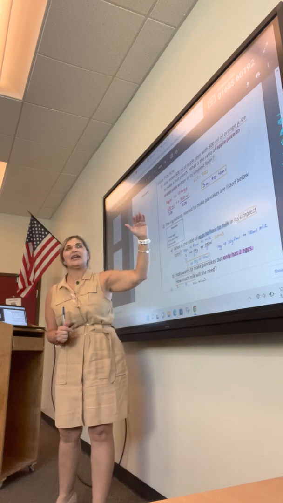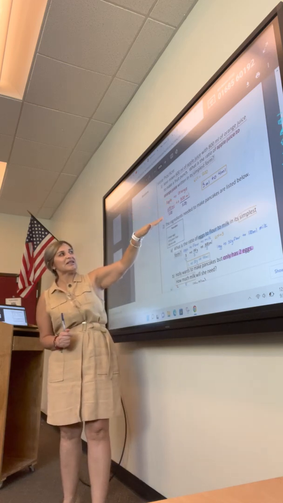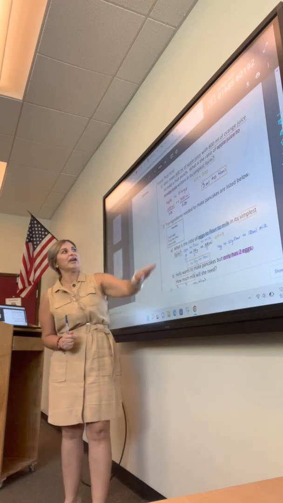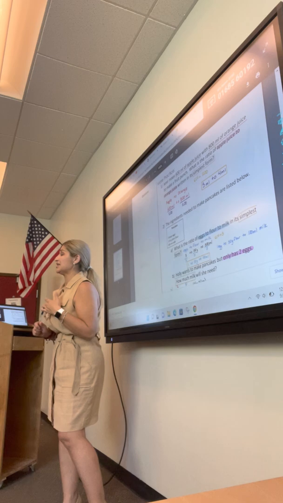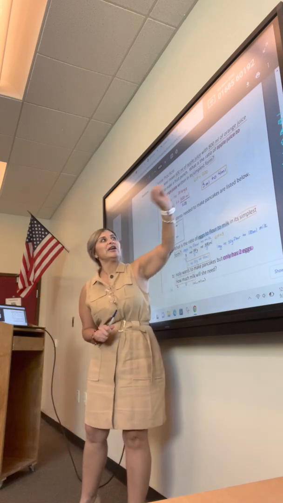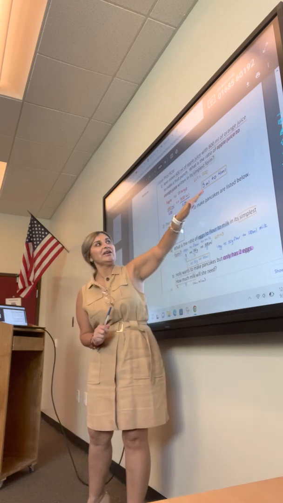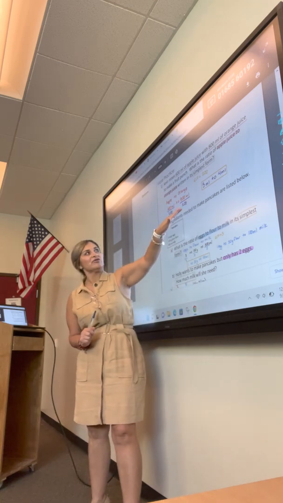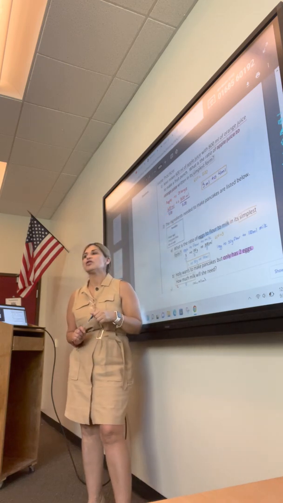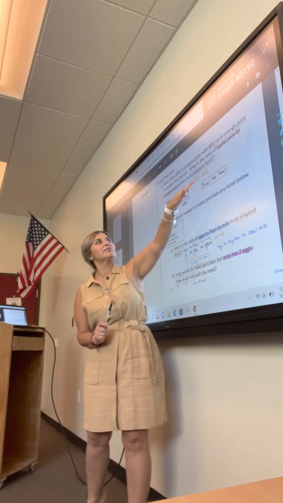We have apples, 600 ml, and oranges, 800, okay? So we need to find the GCF. We know the GCF is 200 because if we divide 600 by 200, it's 3, and if we divide 800 by 200, it gives us 4.